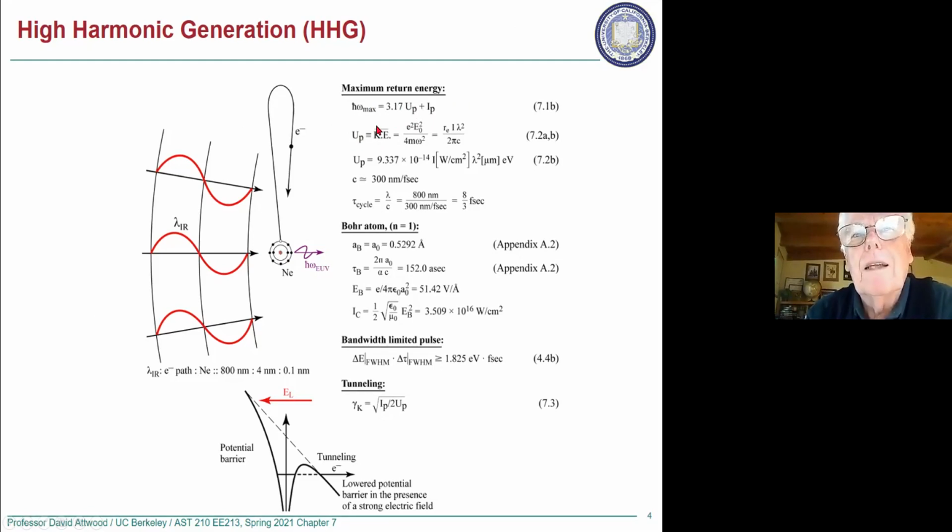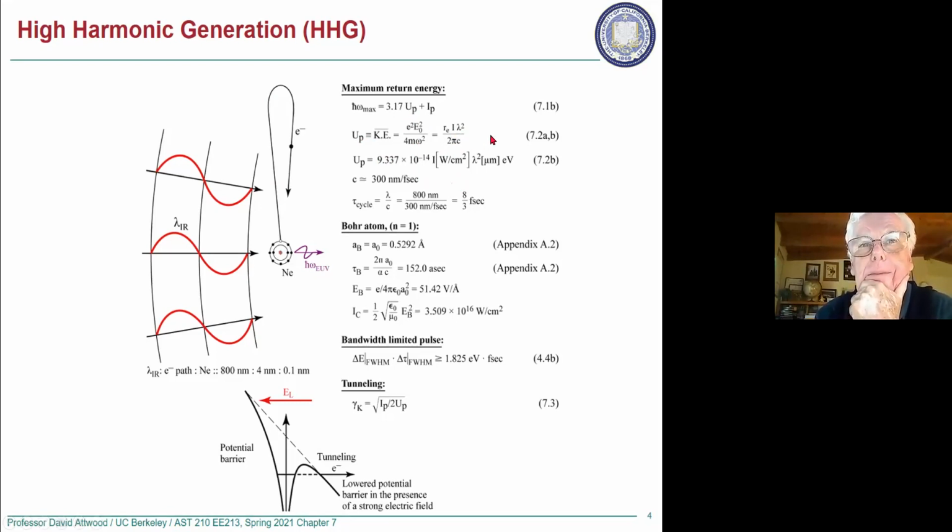U sub p is an unfortunate name, but it corresponds to the average kinetic energy of an electron in a cycle. And this is the ionization potential. So combined, we'll see that these factors can be written in the following way. This average kinetic energy will depend on the intensity for sure, and it also depends on the wavelength squared, all things that we'll see.